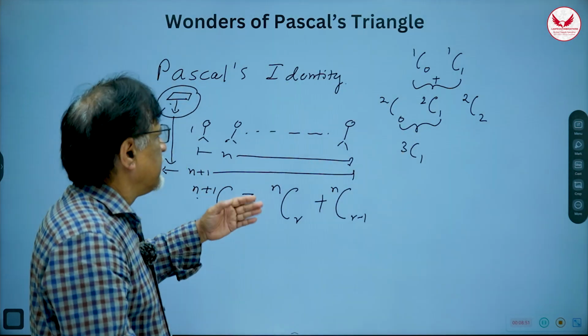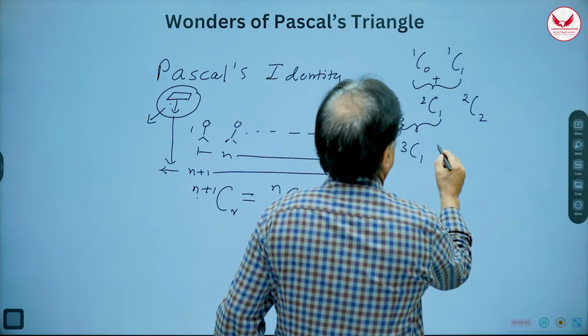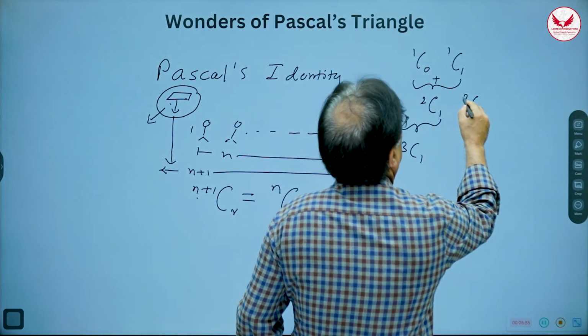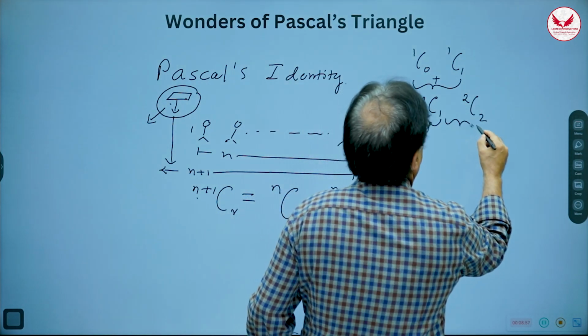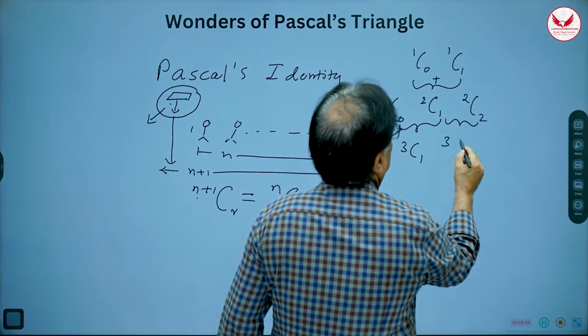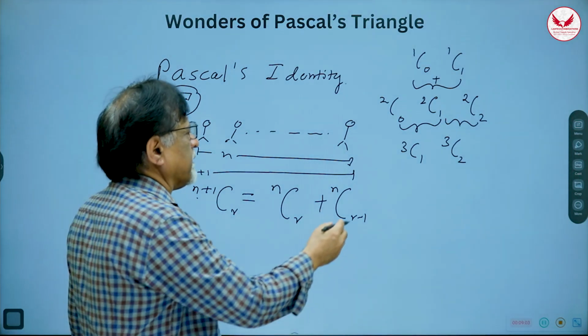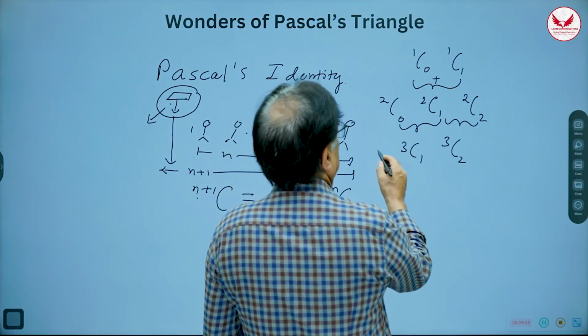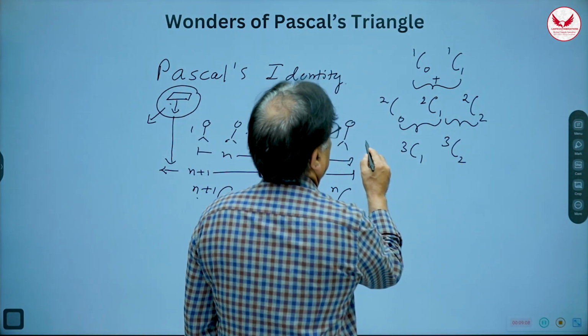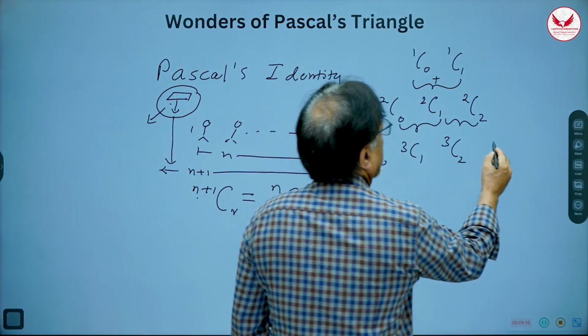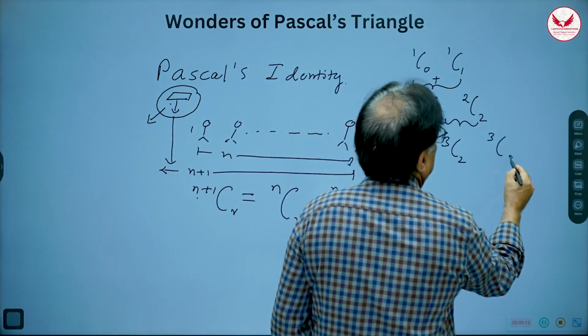And if I add these two, I'll get 3C2. So on this side, I will have 3C0, and on this side, I will have 3C3.